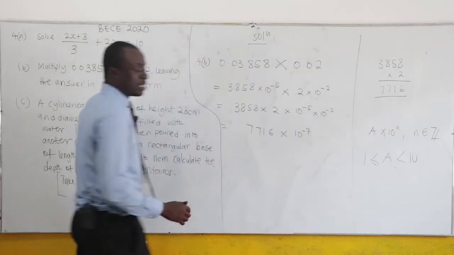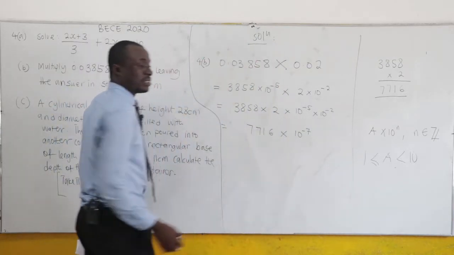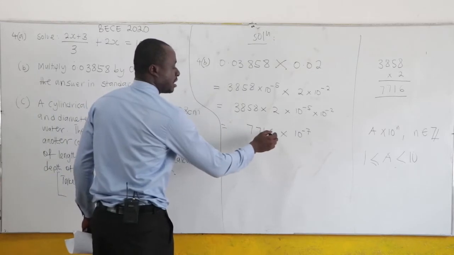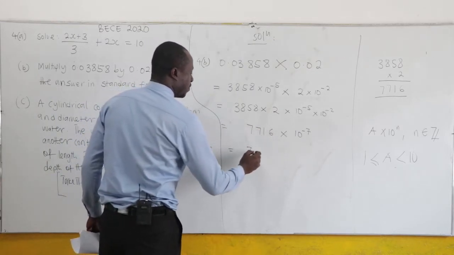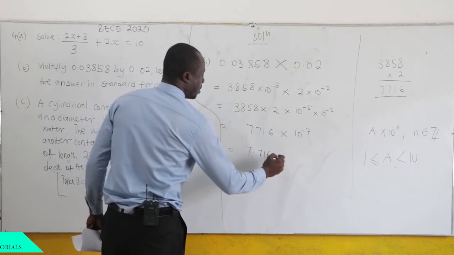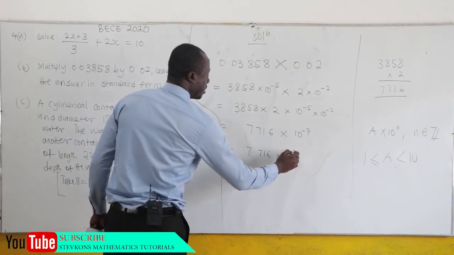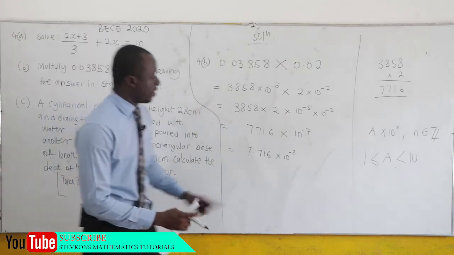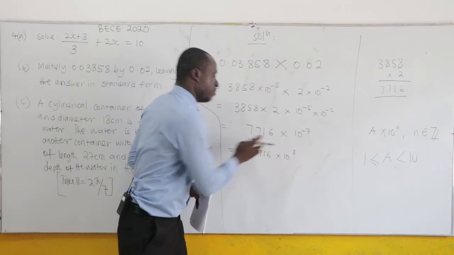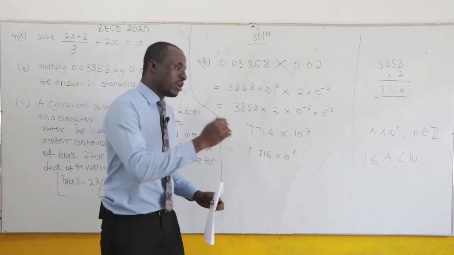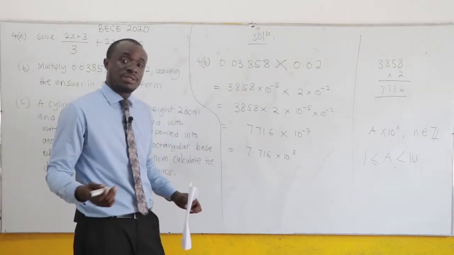So hence, we have to move the decimal point over here. For every whole number, the decimal point is at the end. So the decimal point is here. Let's move 1, 2, 3. So here we have 7.716 times 10 to the power. Because we are moving leftward, the power becomes positive, and when we are moving rightward, the power becomes negative.